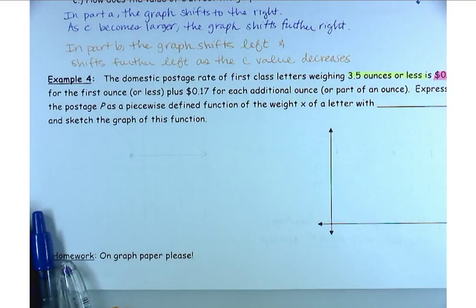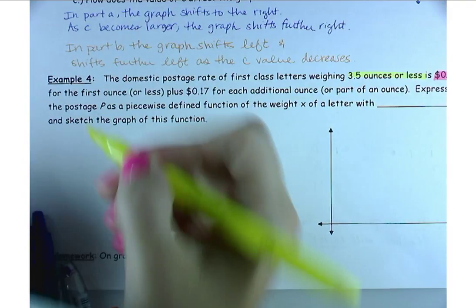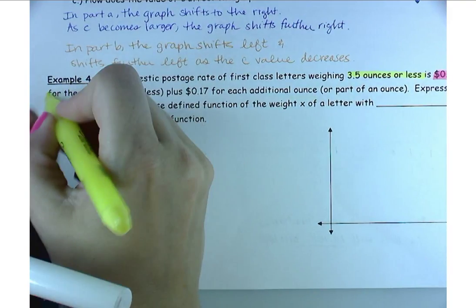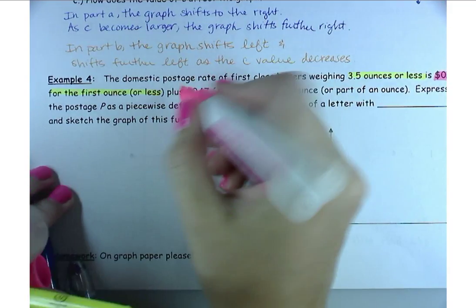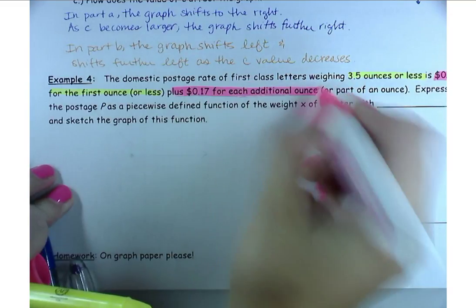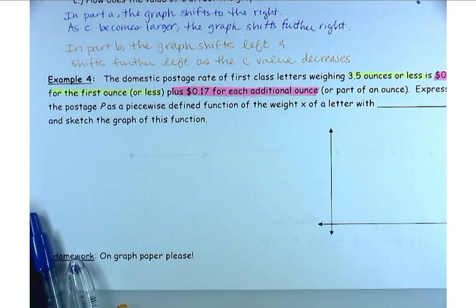And that is for the first ounce. And then it's an additional 17 cents for each additional ounce or part of an ounce.